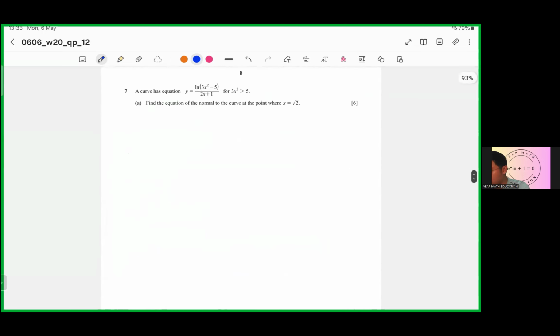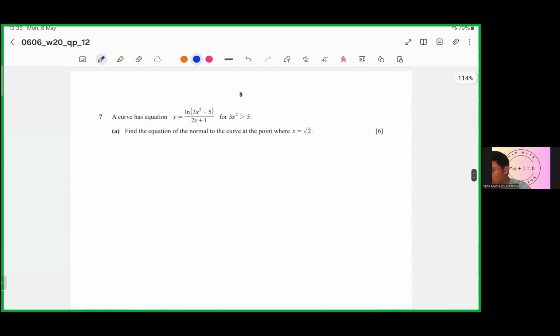A curve M has equation y equals ln(3x squared minus 5) over (2x plus 1), for 3x squared more than 5. Find the equation of the normal to the curve at the point where x equals 2. So what we need to do first is the first derivative. dy/dx equals, now we use the quotient rule for this part. (2x plus 1) squared.